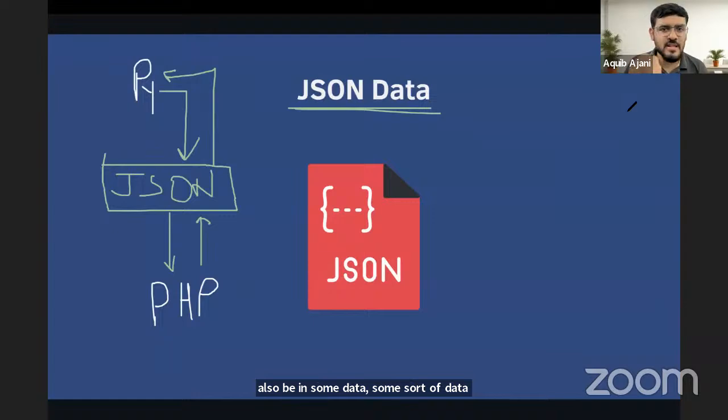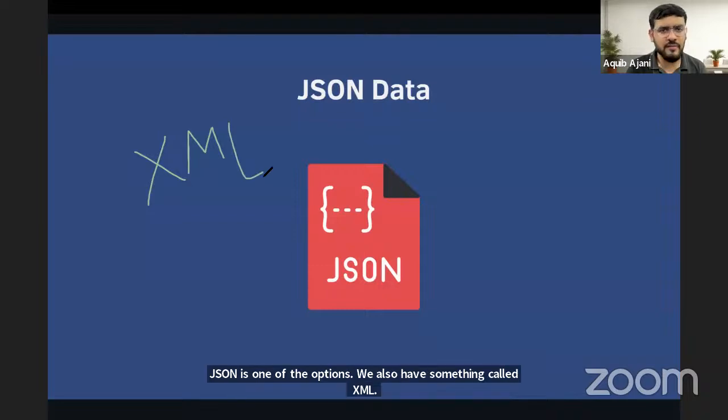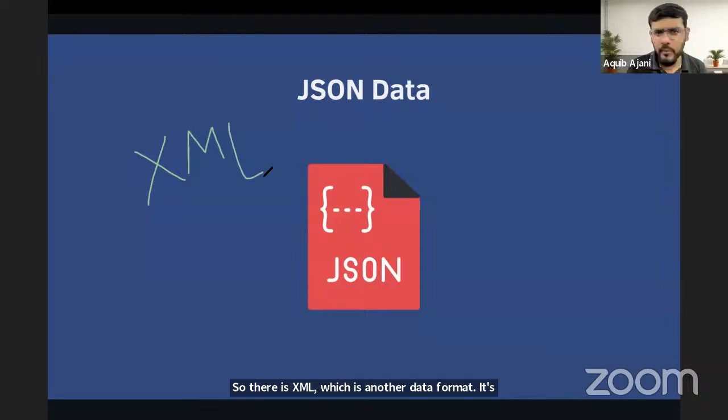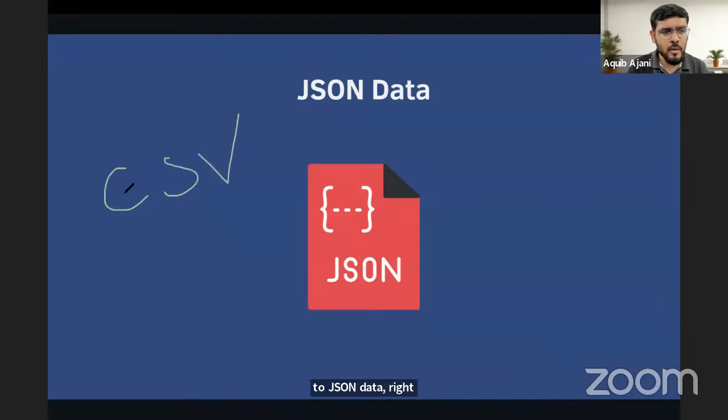So this is JSON. Now, JSON is one of the options, right? There are other options also available. We also have something called XML, right? So there is XML, which is another data format. It's called extensible markup language. I'm not getting into it, but that's another alternative to JSON data, right? And similarly, we have something called CSV. That's comma separated values. This is very commonly used in data analytics.